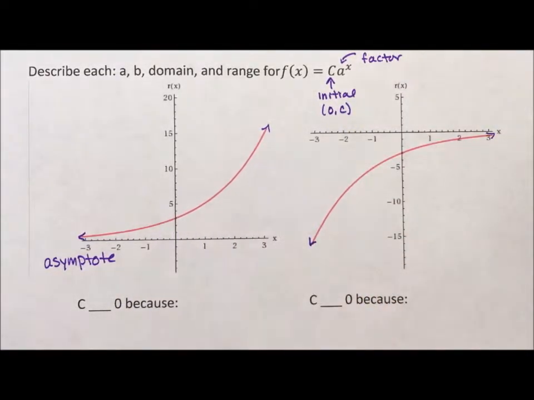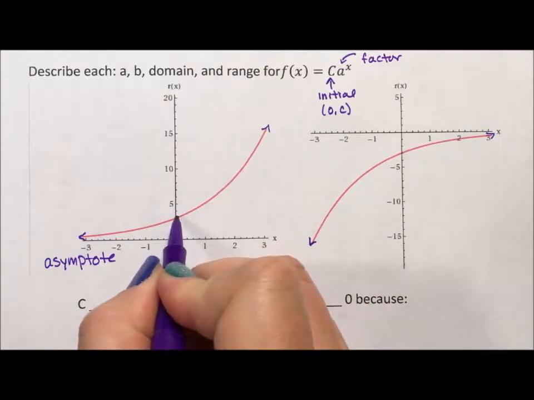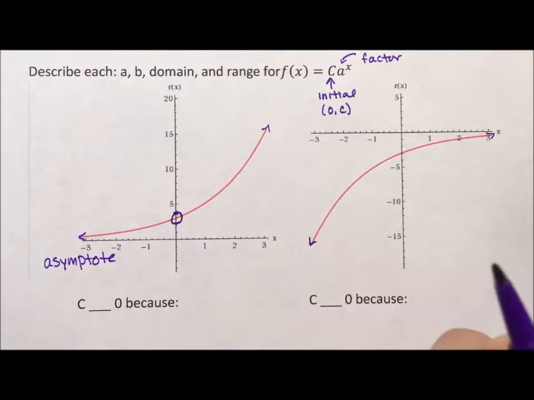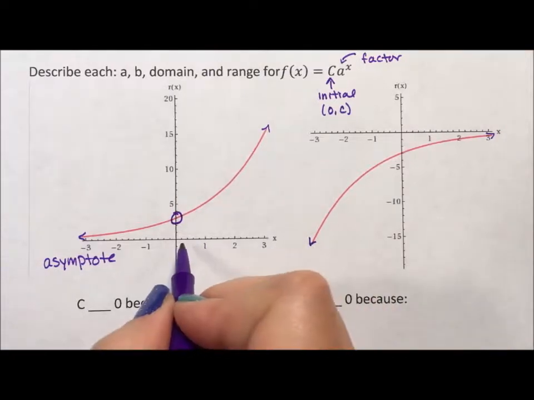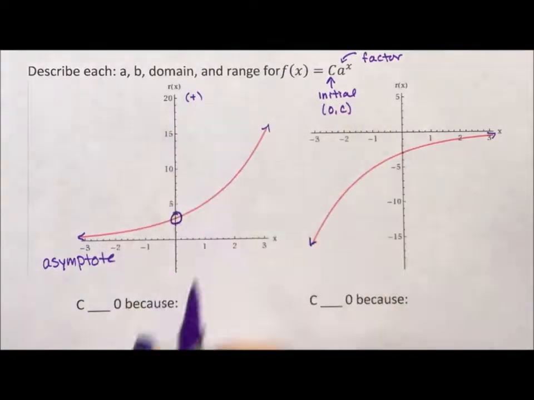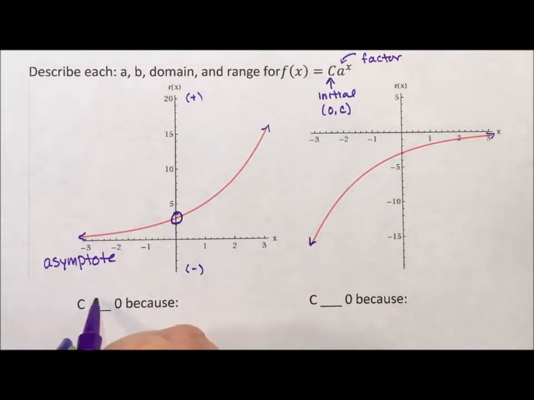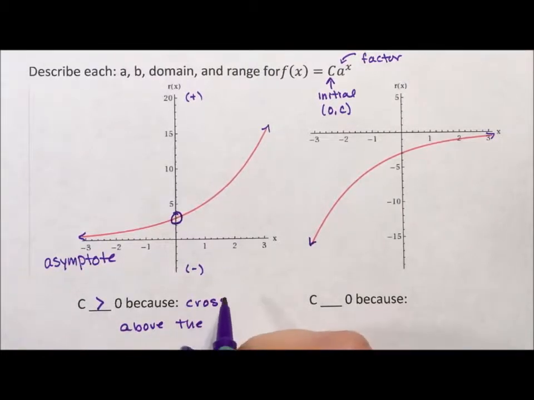Okay, so for this first one, this is where we're crossing the vertical axis. This is the positive direction, this is the negative direction, which means c is greater than 0 because we cross above the x-axis, the horizontal axis.